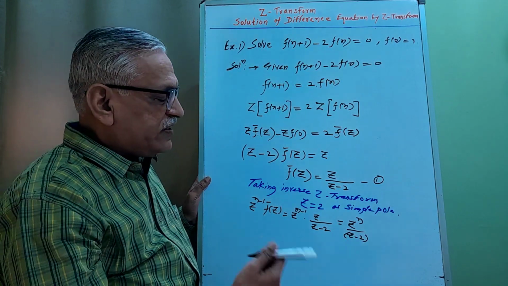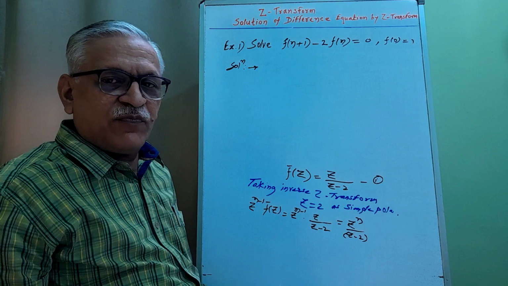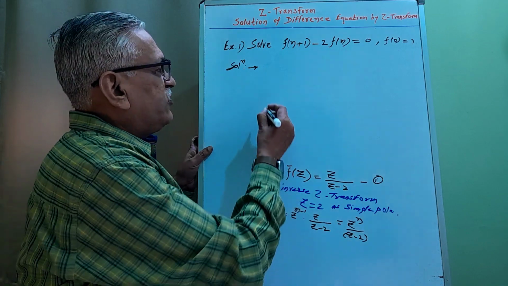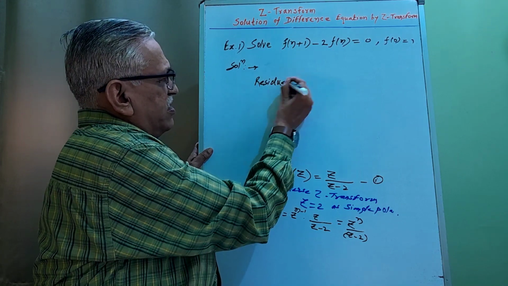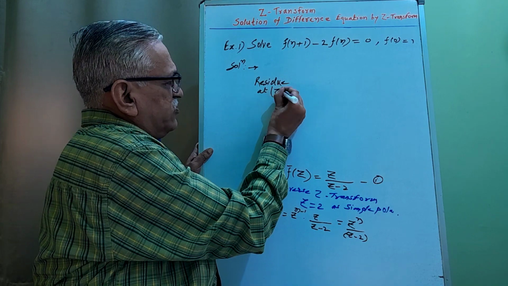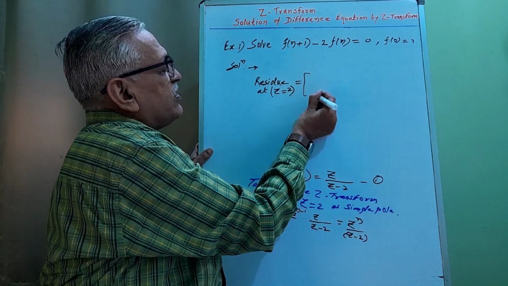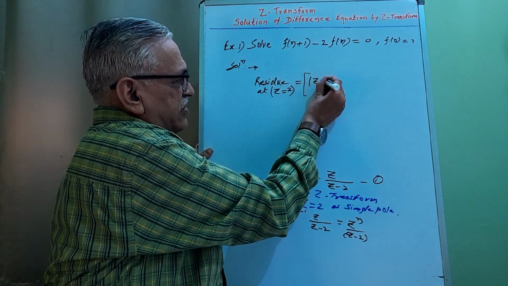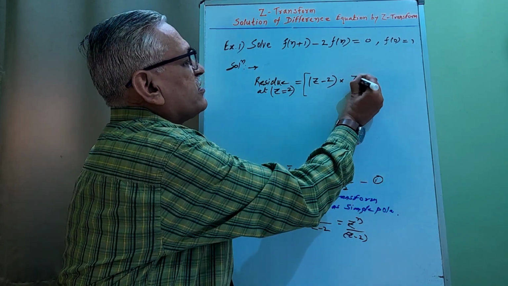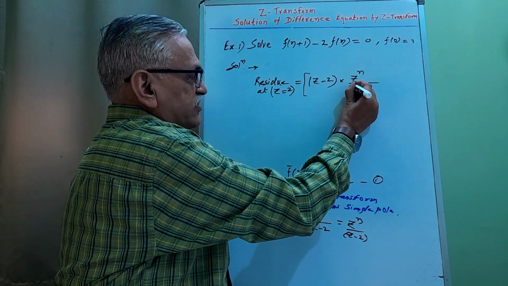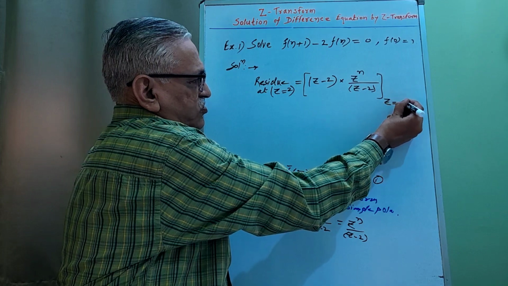Then obtaining the residue at that pole, z is equal to 2. The type of the pole is a simple pole, and therefore applying the first formula to find the residue at the pole z is equal to 2, as per the formula, it is z minus a, here 2, multiplied by this term, z raised to n divided by z minus 2, at z is equal to 2.